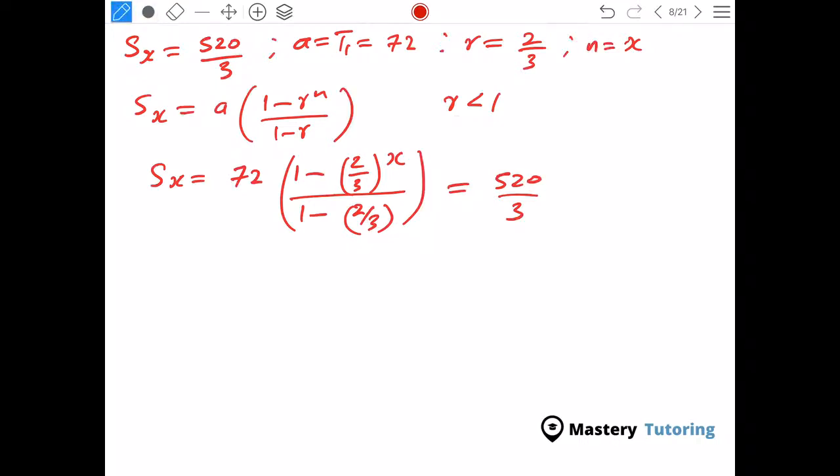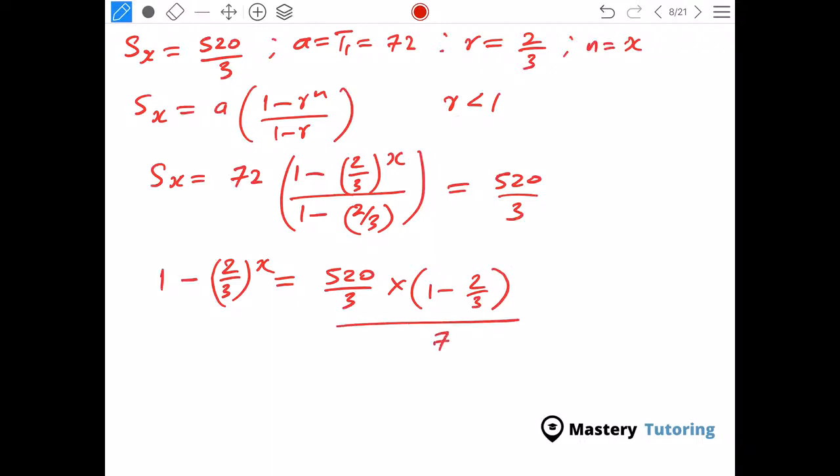So this is going to look like 1 minus 2 over 3 to the power of x is equal to 520 over 3 times 1 minus 2 over 3 all over 72. So I've basically divided both sides by 72, and then I've cross multiplied this one to the other side.